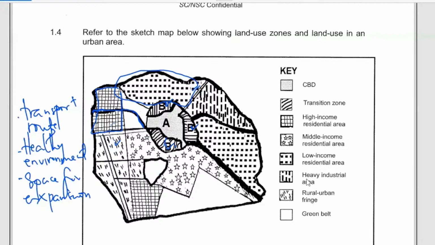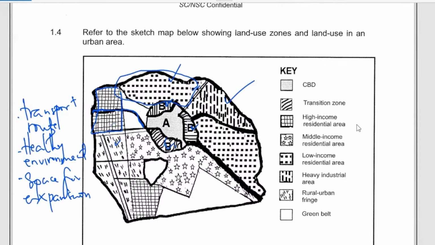When we're talking in terms of advantages, we can try to relate the location of that particular low income area to the industries. We have a heavy industrial area here, which is just next to the low income area. So it can be an advantage and a disadvantage at the same time for the people staying in the low income residential area.